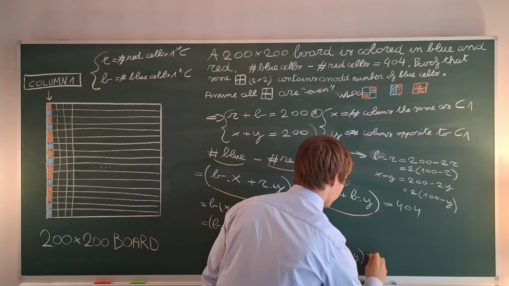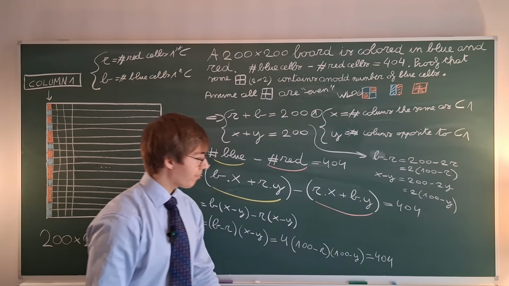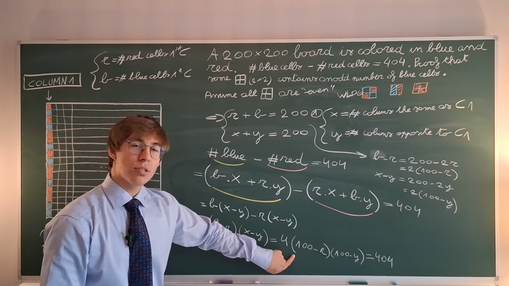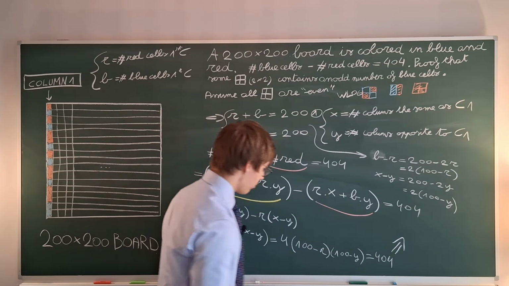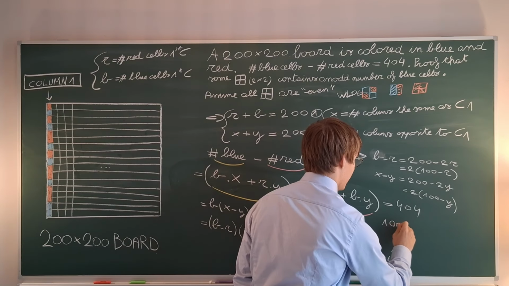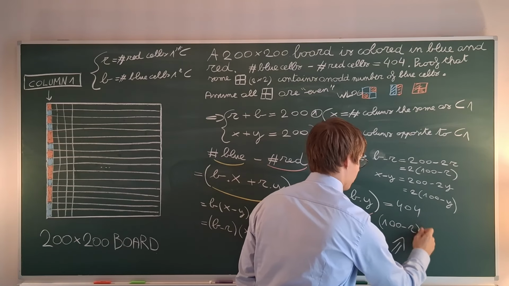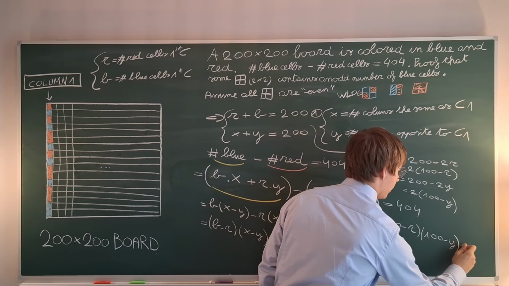And this must be equal to 404. But now we can divide both sides by 4. And then it follows that 100 minus r times 100 minus y is equal to 101.